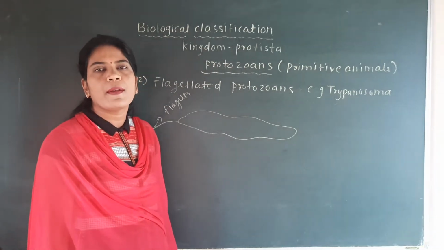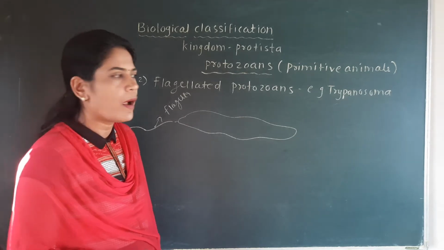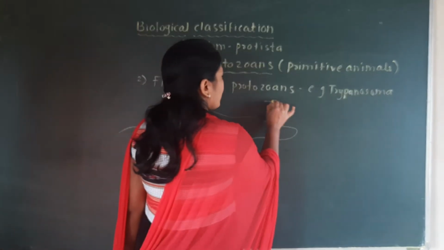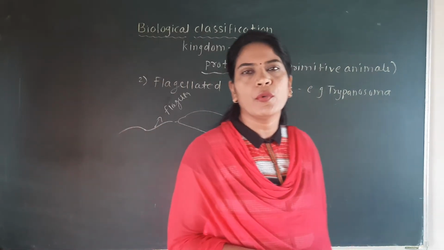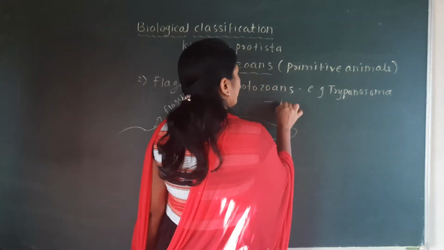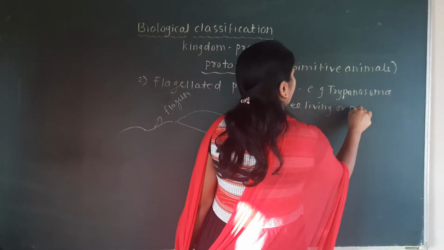Okay, trypanosoma is the example. Now we'll see the importance of that trypanosoma. But first, what are the characteristics of these flagellated protozoans? They may be free living or parasitic.